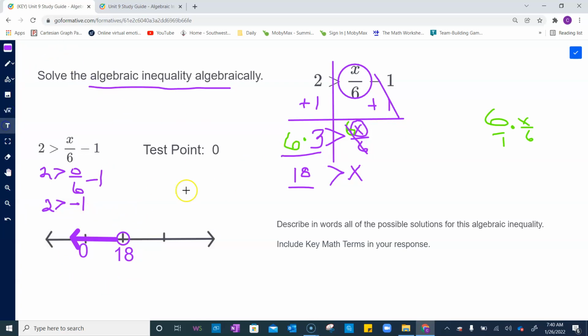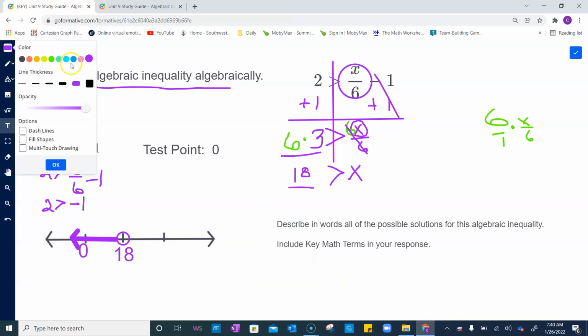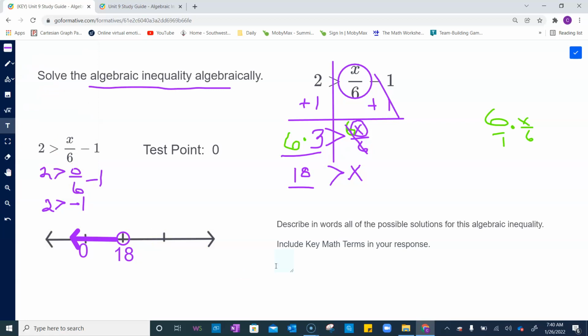Now we're going to do the word form. Describe in words all possible solutions. Use those key math terms in your response. Well, the key math terms for an inequality and solving, you're going to need the word solutions. You're going to need inequality. You're going to need a word to describe this shaded region and indicate that it doesn't include the 18.